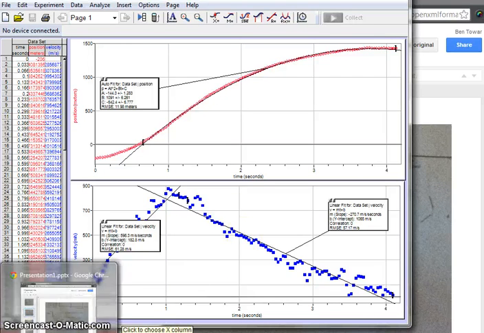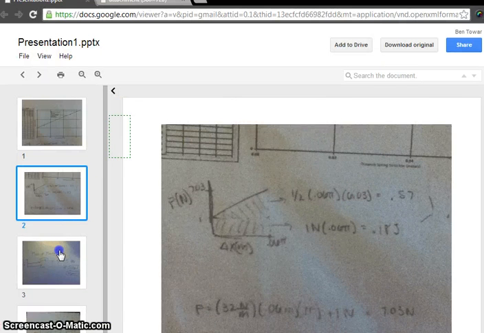Hang on one sec, I have a picture of the calculations. Or no, I don't. Okay, that's cool.